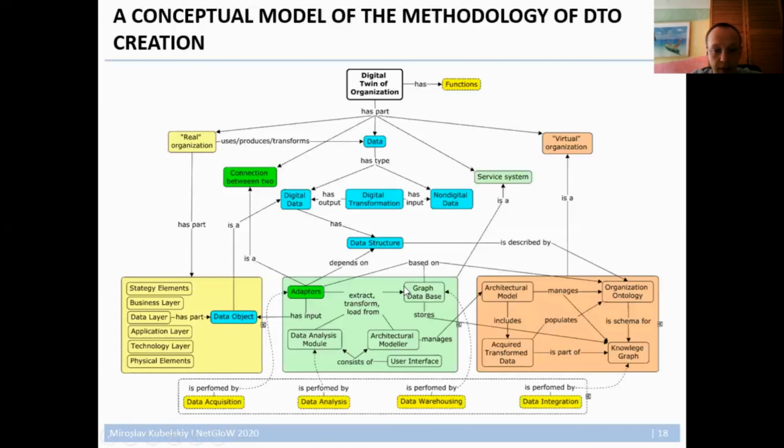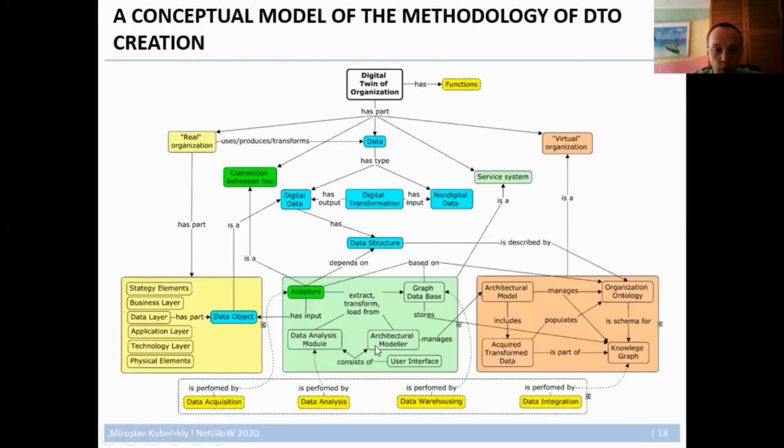So adapters are part of the service system, which also includes a graph database that performs the function of data warehousing, the structure of which is also determined by the ontology, and it is similar to the global data structure of the organization.